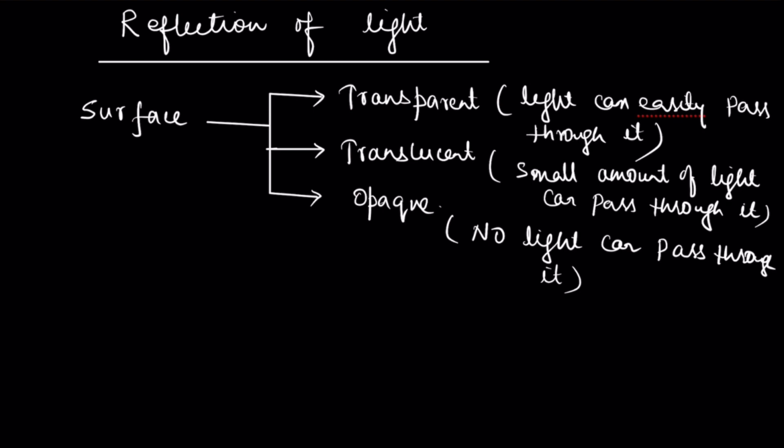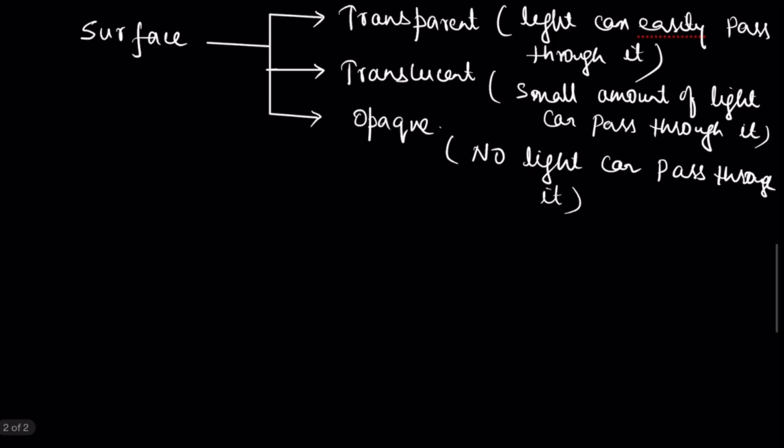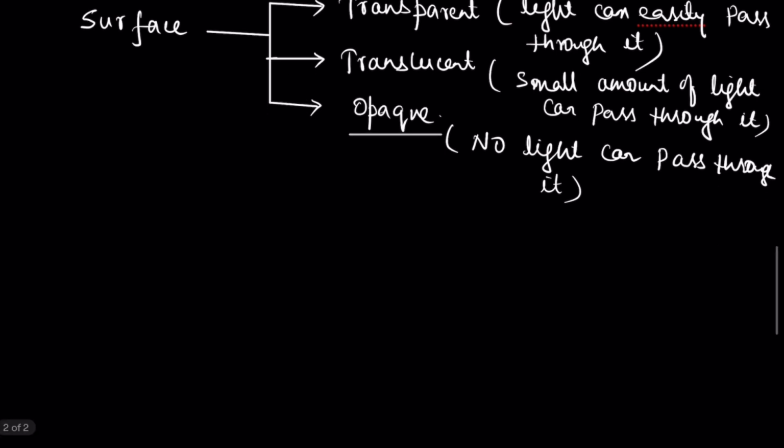For opaque, you can take a plain mirror, wood. Opaque bodies we will use everywhere as a surface. Why? Because for an opaque body, one side will be reflecting and one side will be non-reflecting. What is the meaning of reflecting and non-reflecting?